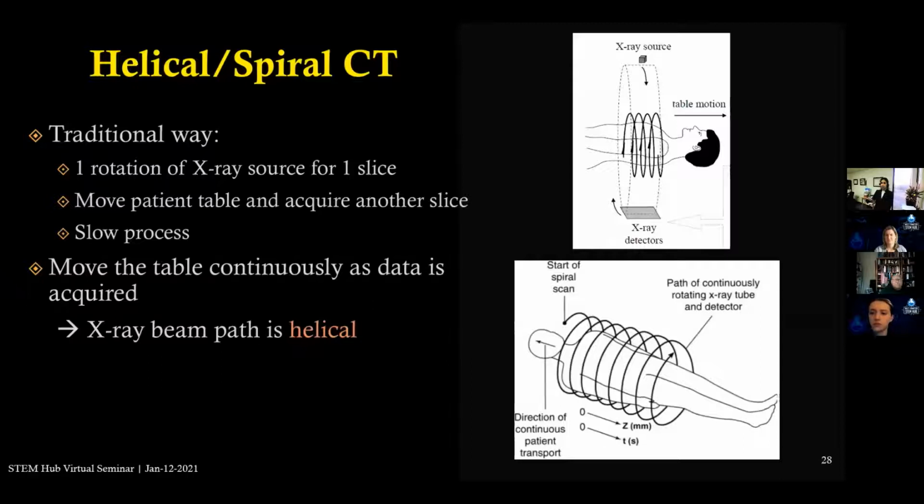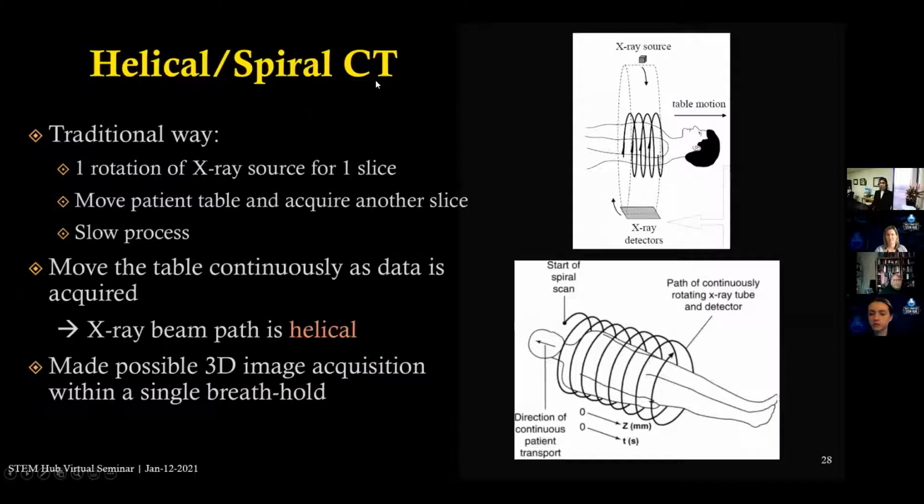So now you move your table continuously, so that in 180 degrees the first slice is obtained. Again, as it goes back to its normal position, the other slice is obtained. And if you think of that, then your X-ray beam follows a helical path. And this has greatly reduced the time of CT imaging. And this made possible 3D image acquisition within a single breath hold.